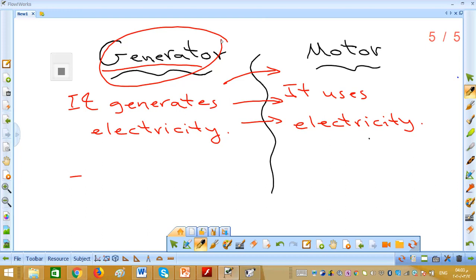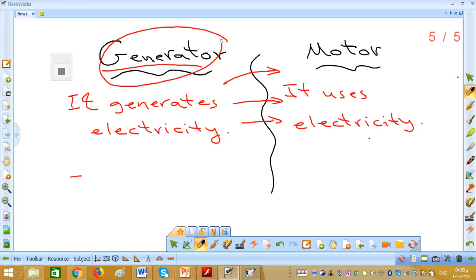So it changes mechanical energy into electrical energy, because we learned how to generate electricity in the first term. And we said we have clean ways like green energy, by wind, by water, or by sunlight.